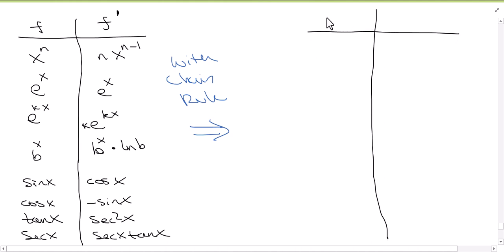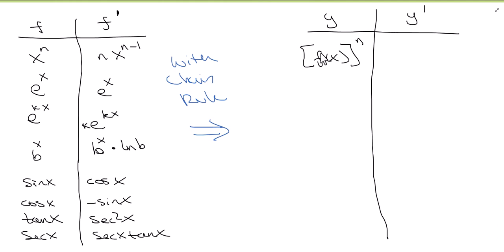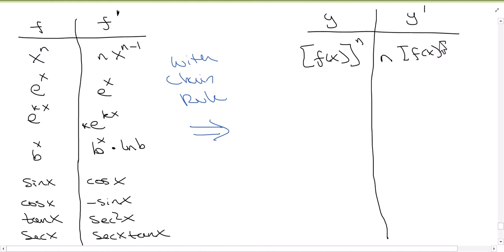So we're going to have your function, y and y prime in this case. Instead of just x, it's going to be like f of x to the n, the general power rule. So the derivative of that will be n times f of x to the n minus 1 times the derivative of f, the derivative of the inside by the chain rule.